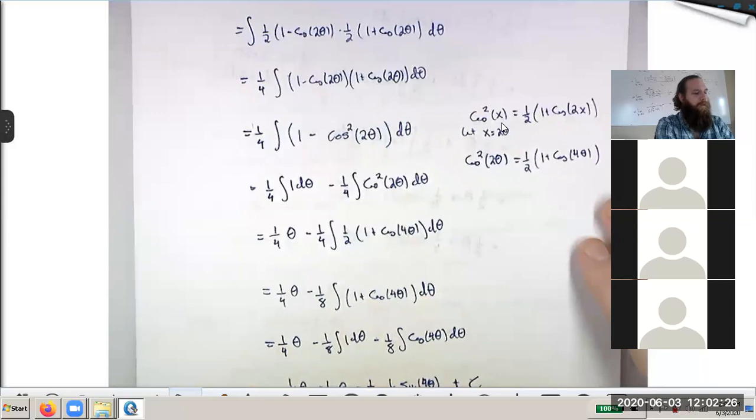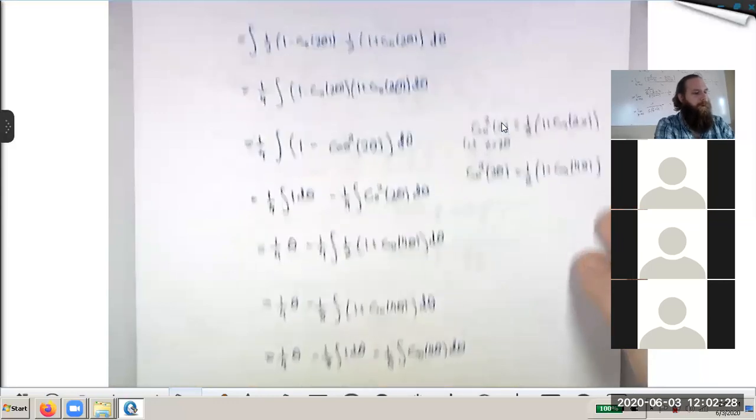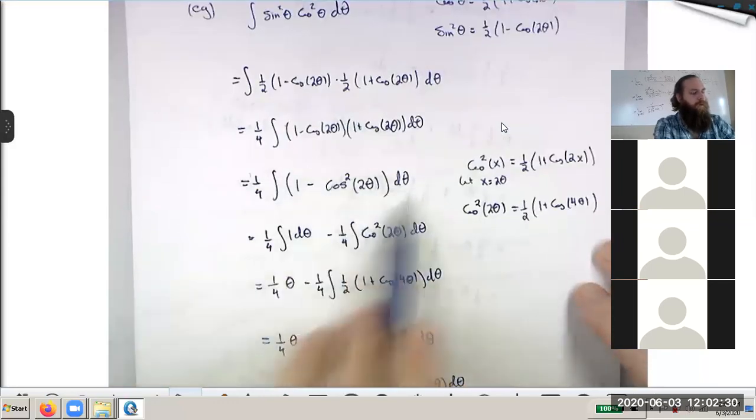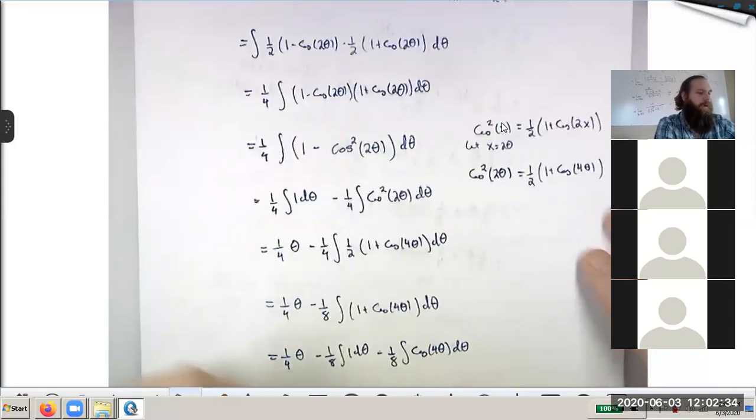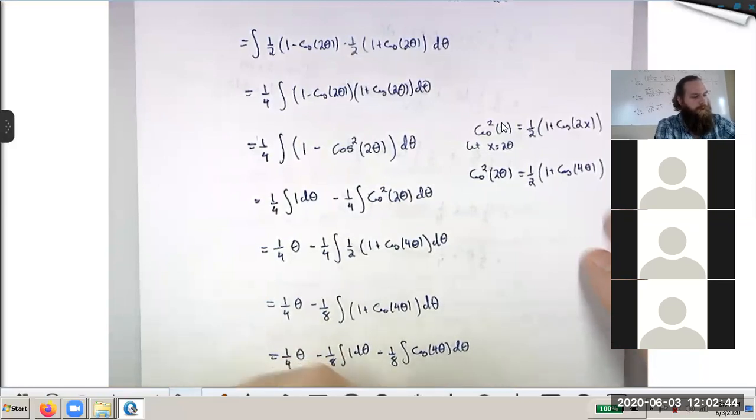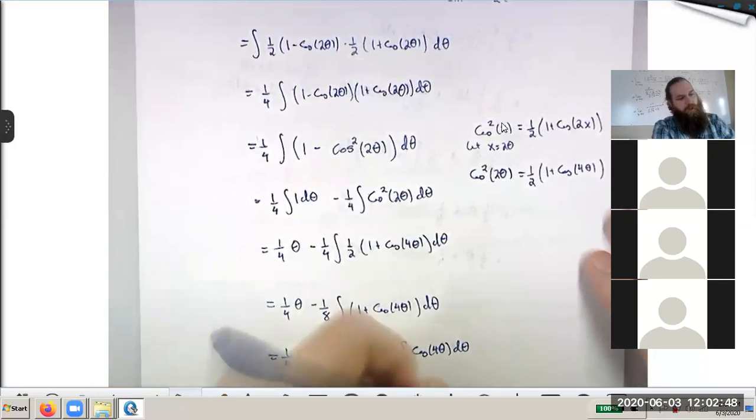You can combine these two terms. And in fact, we could have done all of this work inside of a single integral. 1/4 minus 1/8 is 1/4 though. So this is going to be 1/4 theta minus 1 over 32 sine of 4 theta plus c.